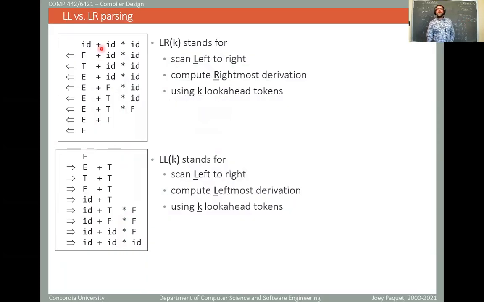So what does it mean, LL versus LR? As we saw, LL(k) stands for scan left to right, because of course you're reading the program from left to right, and then you compute a leftmost derivation. So if your derivation is going forward like this, then you always take the leftmost symbol that has not been transformed into a sentence, basically a part of the sentential form that still contains non-terminal symbols.